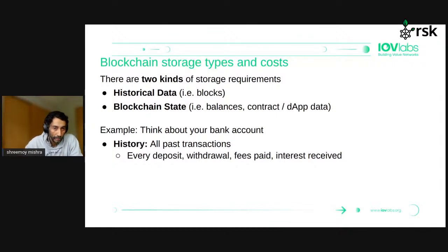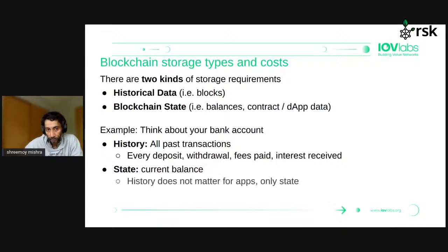So there's this distinction between history, which is every possible transaction in the past, and the current state, which is what we are after. And to run applications, whether it's on your mobile phone or a blockchain app, history doesn't really matter. What matters is state.